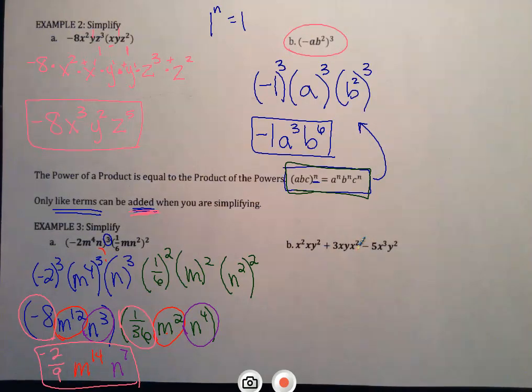Aren't they still getting multiplied though? Like the x squared and the xy. Is this still getting multiplied by this? No, they're being added, each in their own sections. Keep going. We still need to multiply them together and then add. So in the first one here, x squared, x, y squared.